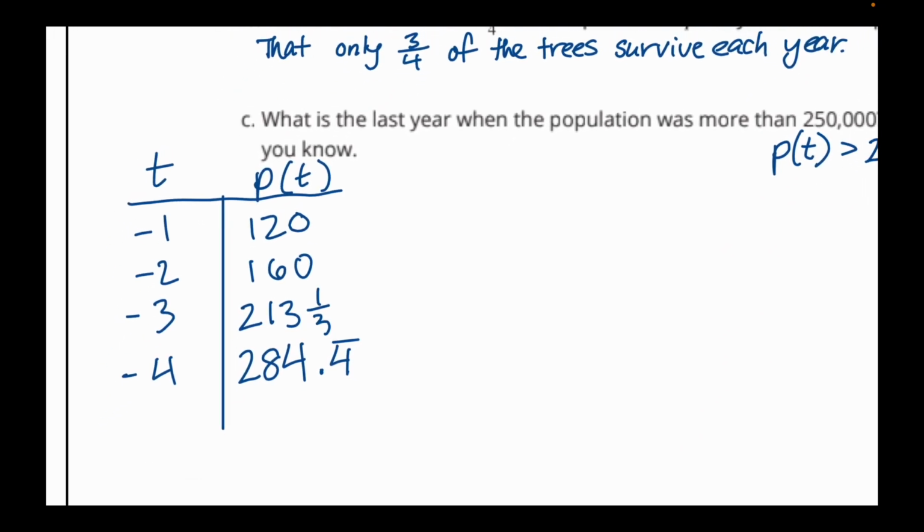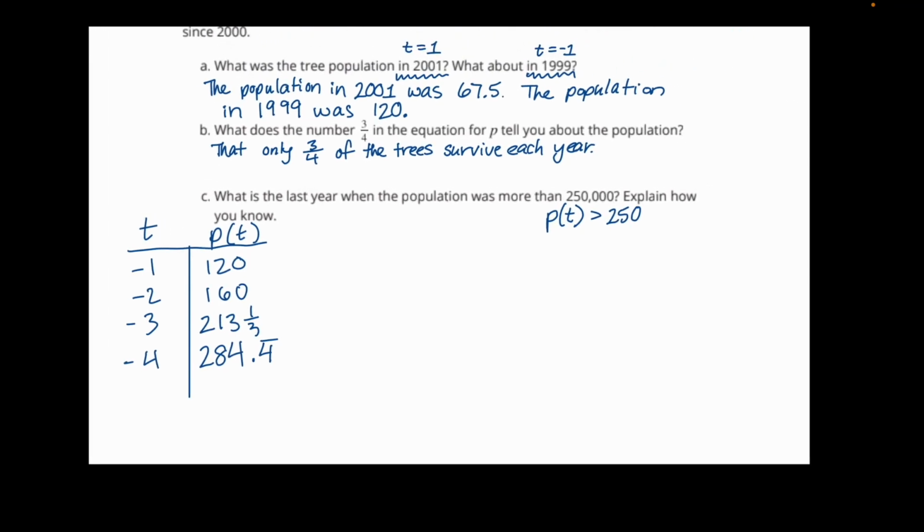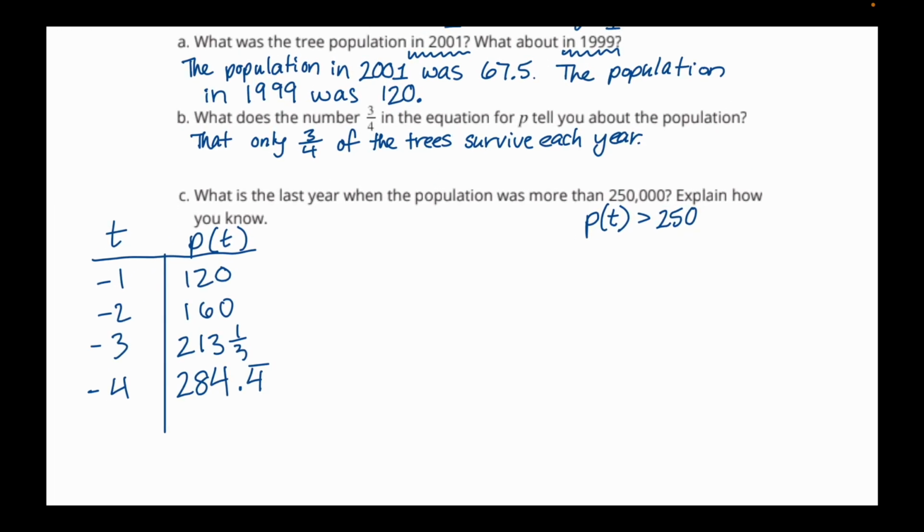So what does -4 actually mean in terms of years? We would basically just take 2000 and -4. So 2000 minus 4 is 1996.